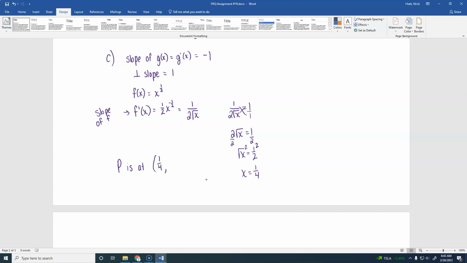All right, how do we find the y coordinate? Plug x back into just regular f of x. So f of 1/4 is going to just be the square root of 1 over 4. Square root of 1 is 1. Square root of 4 is 2. So we get 1/2 for that y coordinate.